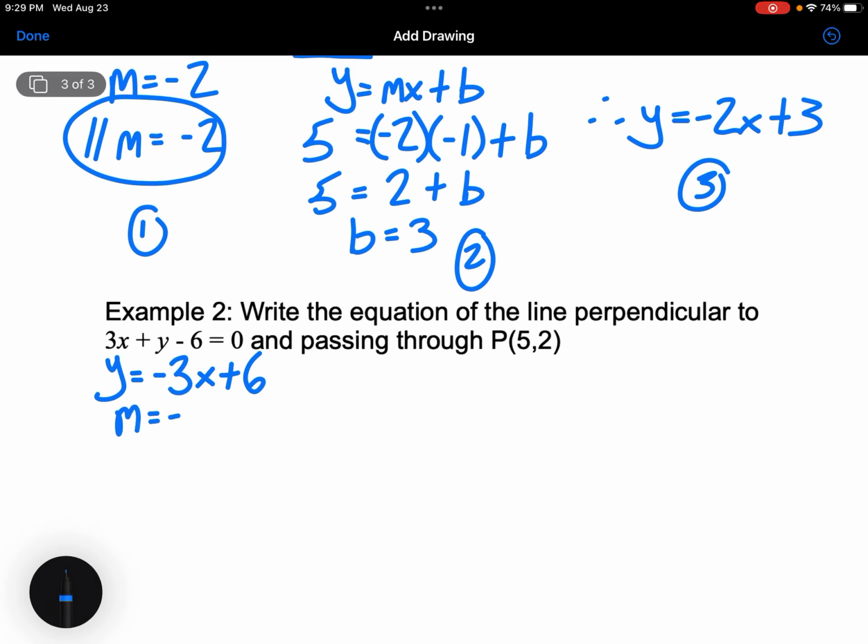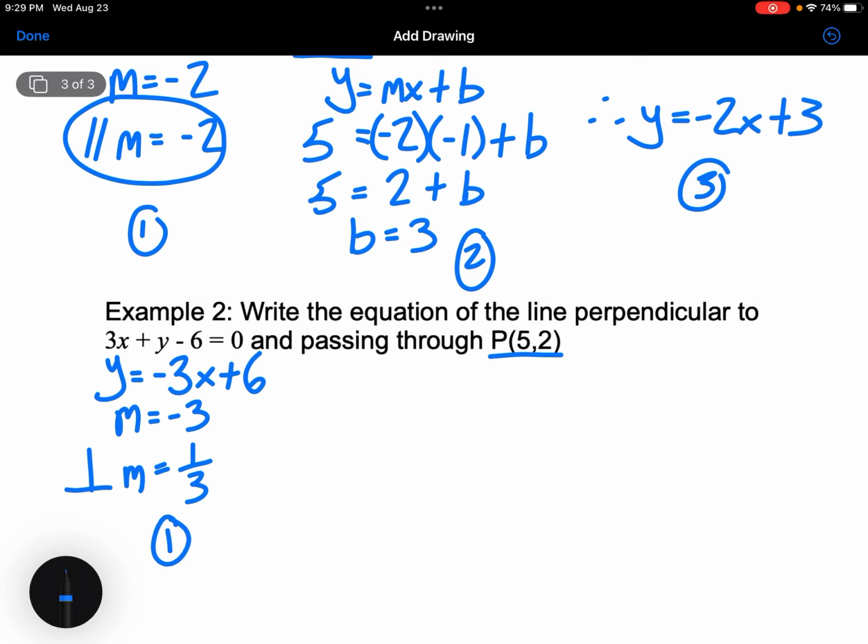So now I know my slope from that is -3, so my perpendicular slope would be, let's flip the fraction, we know this is -3 over 1, so we're going to change it to 1 over 3 and then make it positive.